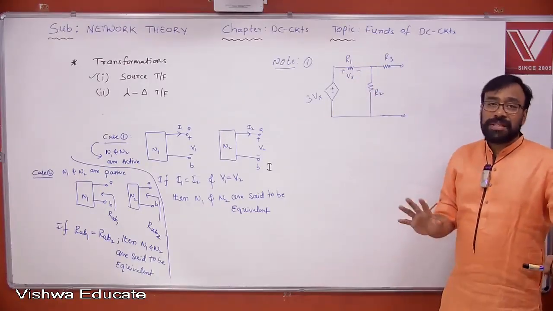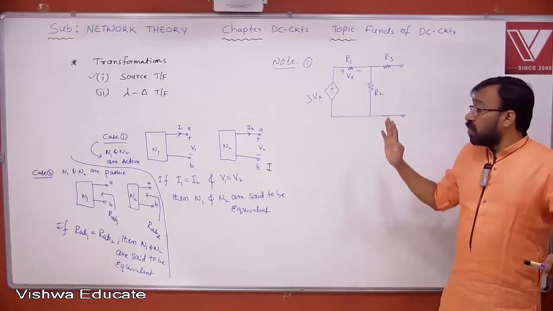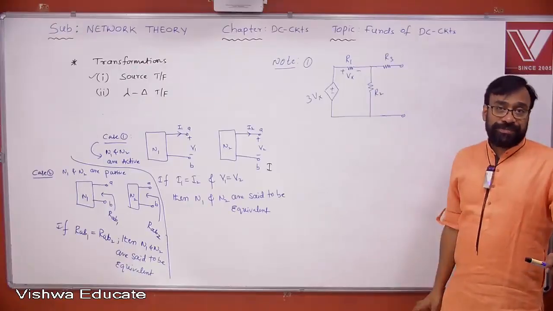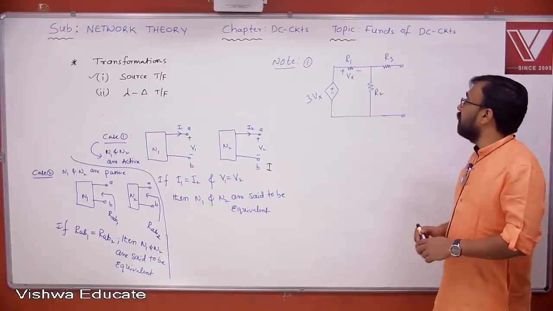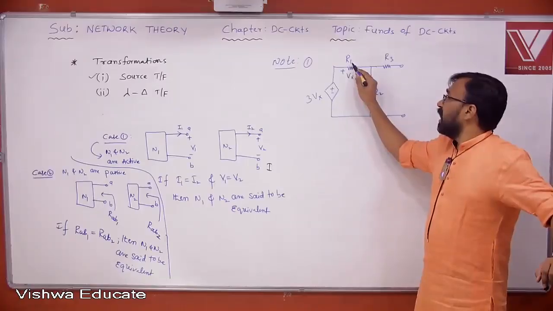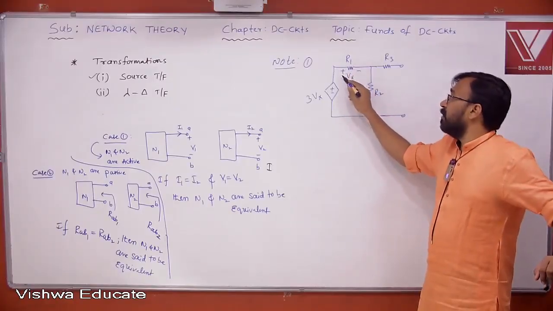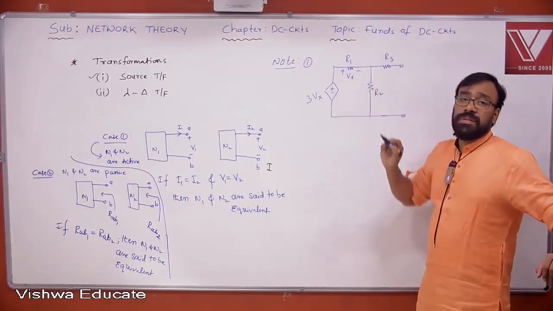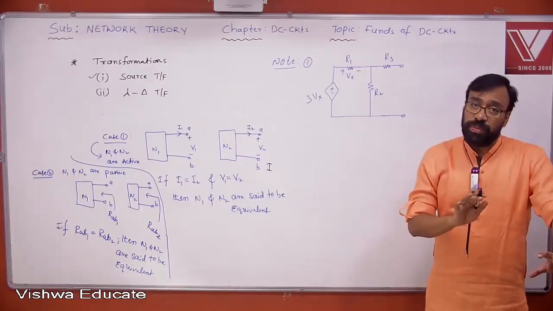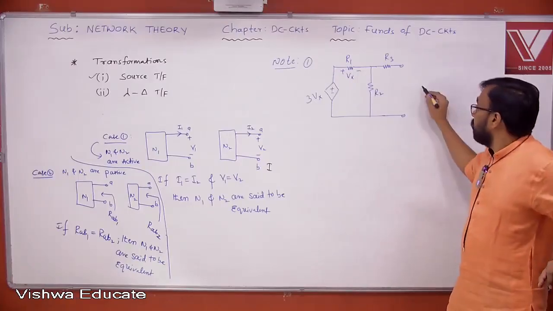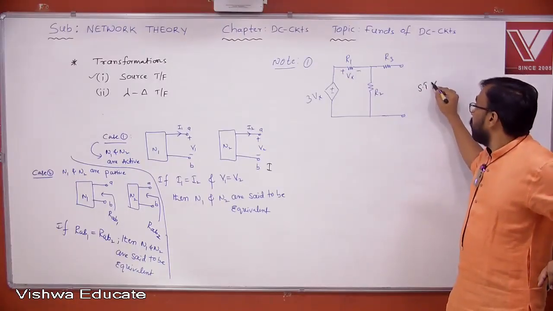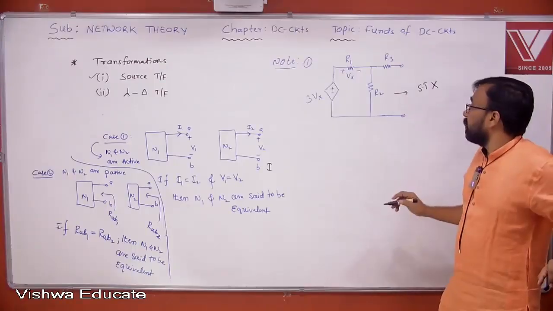You understand? In such cases, the source transformation may not be possible. I repeat once again. If the dependent variable is related to the resistor which is involved in the transformation, then the source transformation won't be possible. Source transformation is not possible for this particular case.